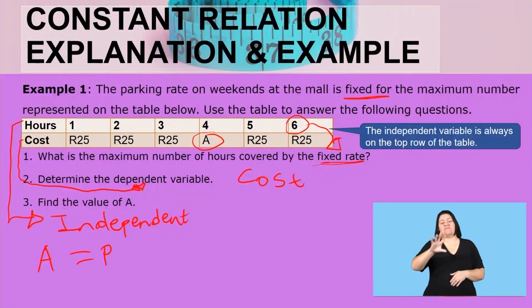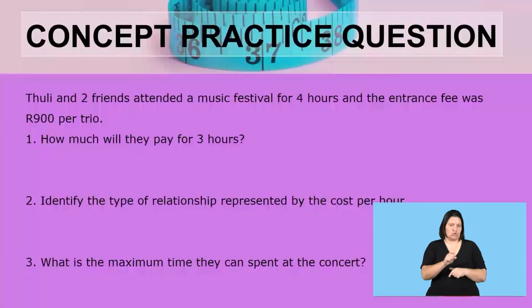Therefore, the value of A is 25 rand. So I think with the constant relationship, it's easy, it's understandable. Everyone understands. Okay, let us move to the next question, which is a practice question.